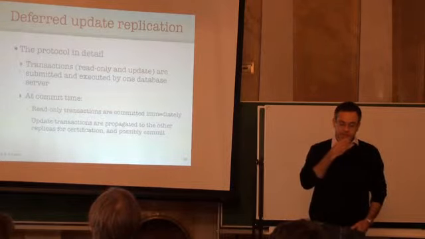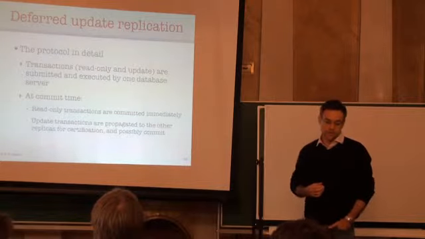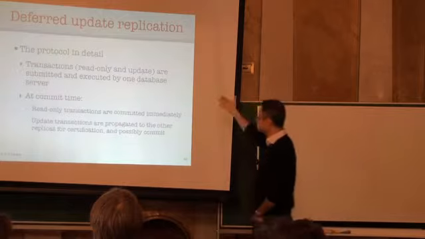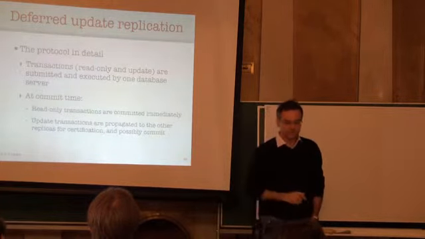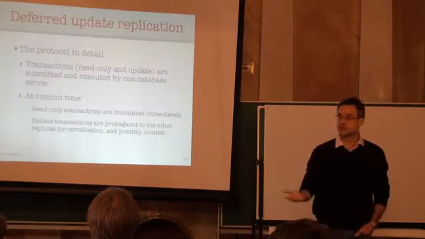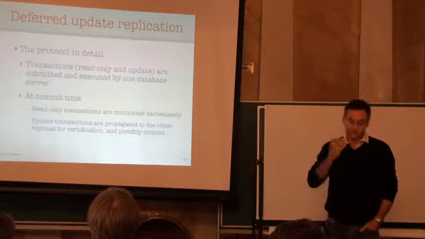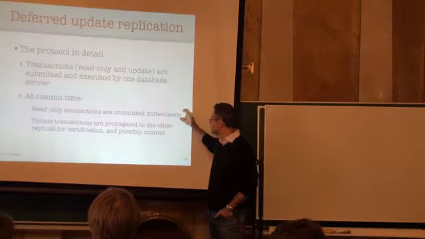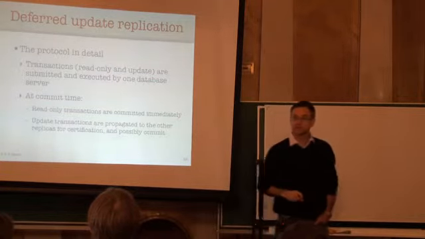So the deferred update replication distinguishes between read-only and update transactions. In any case, all the transactions are submitted to only one server. So if it's a read-only transaction, the requests are all reads. If it's an update transaction, you can have a mix of reads and writes. Now the difference is, at commit time, if the transaction is read-only, then it can be committed immediately without any communication among the servers.